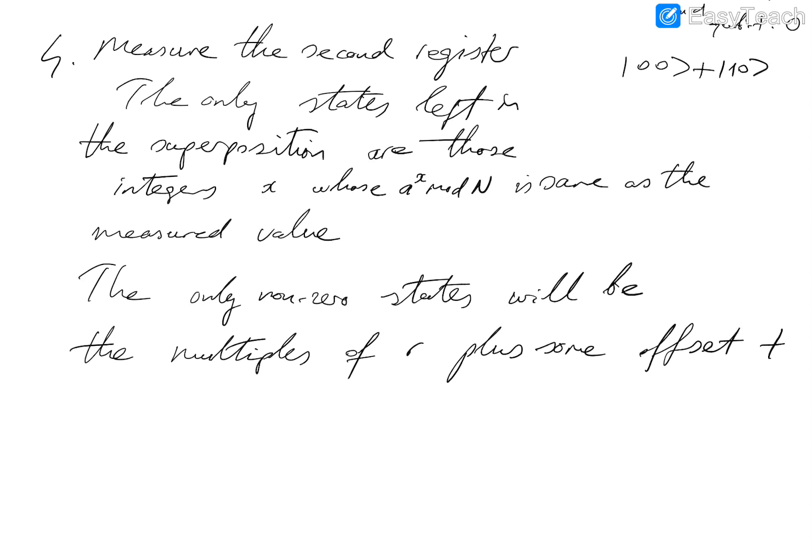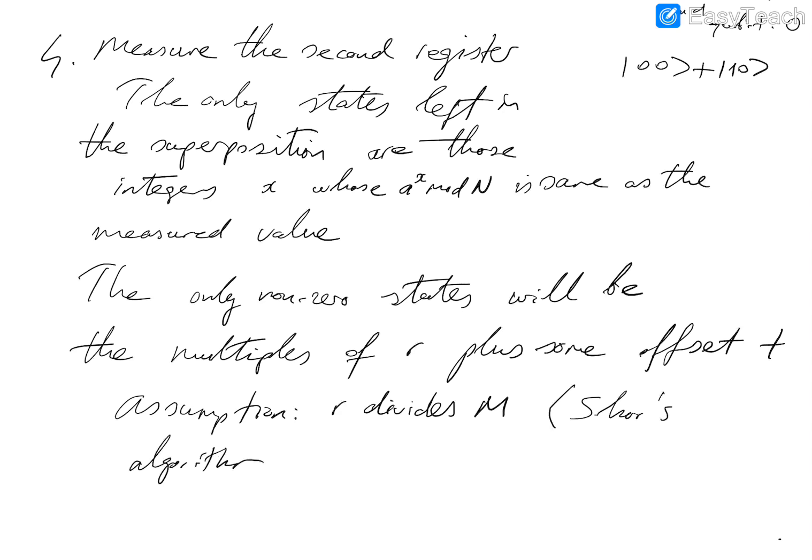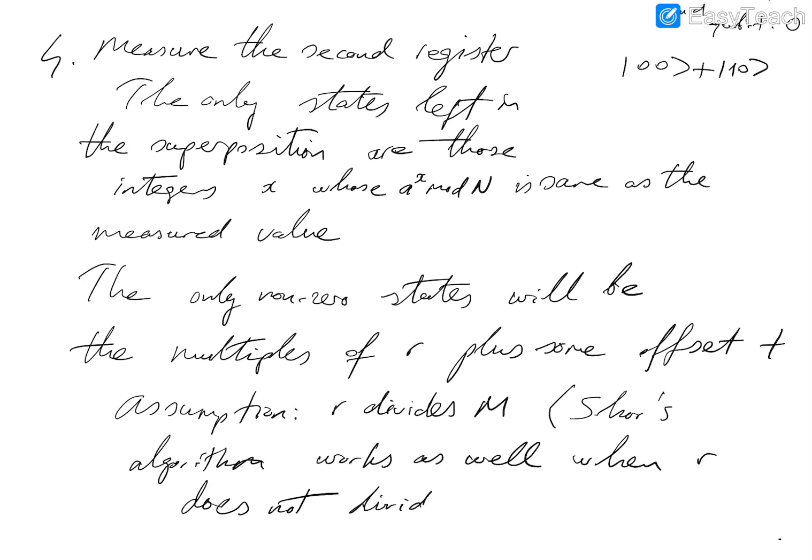That is, Shor's algorithm also solves the case when r does not divide M. So the assumption is r divides M, but we should note that Shor's algorithm works as well when r does not divide M, and all the essential ingredients are still here. We're not missing anything.